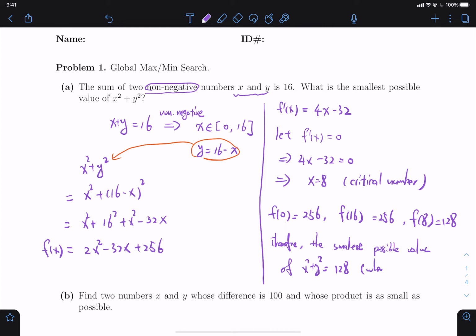That is when x equals y equals 8. Very simple. After this, we're gonna move on to question B.